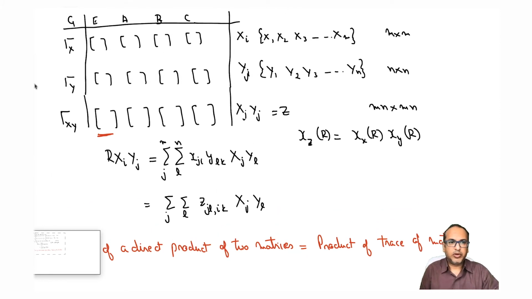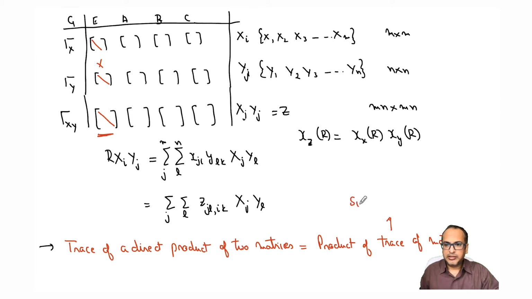Now, what we are saying here is that if we take a trace and multiply these two, what we will get is a trace of this, right? Trace is basically the sum of the diagonal elements.